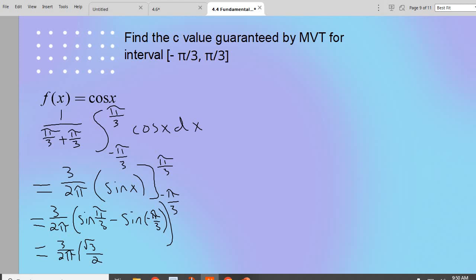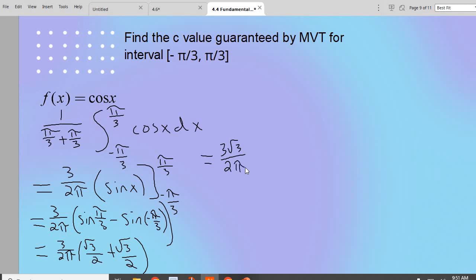Negative. So we will have a negative, and I am subtracting, so we end up with a positive square root of 3 over 2. Are we all okay with that? Yes? Okay. So if I have 2 square roots of 3's over 2, what do we end up with? Just the square root of 3, which means that we get 3 square roots of 3 over 2 pi.